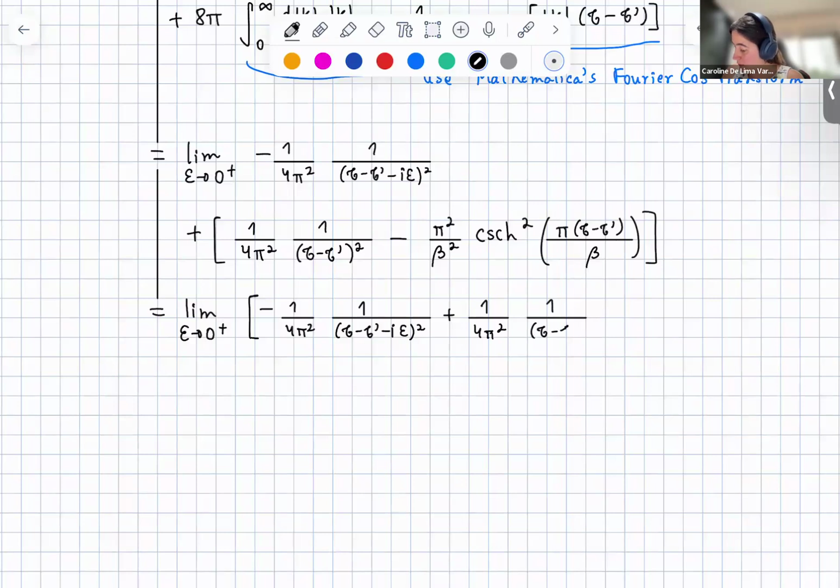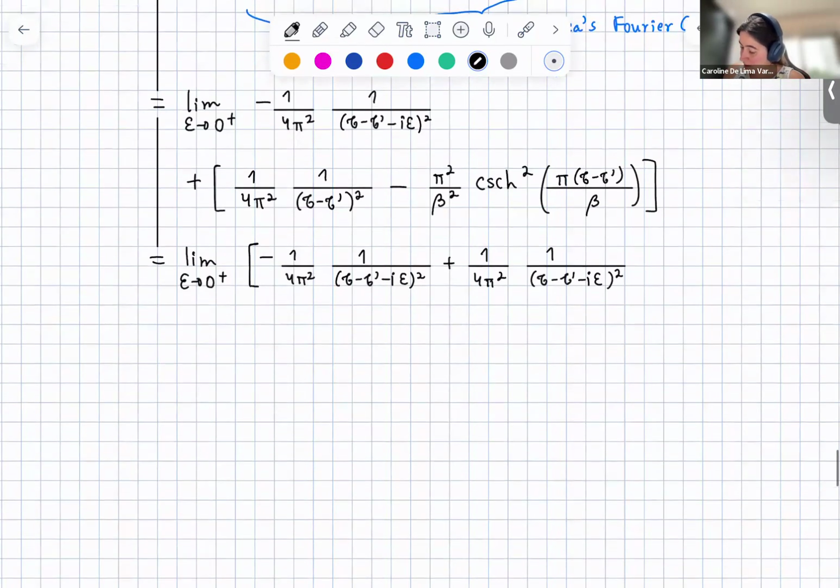So tau minus tau prime minus i epsilon squared, then minus pi squared over beta squared, hyperbolic cosecant squared of pi times tau minus tau prime minus i epsilon over beta.